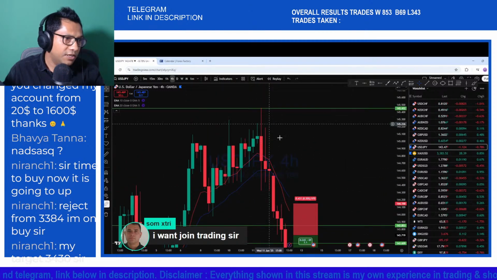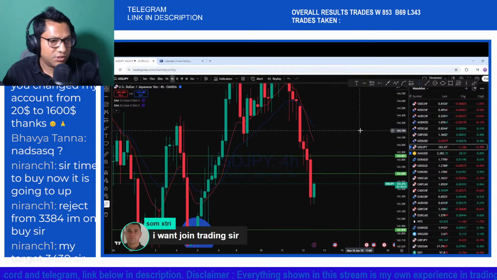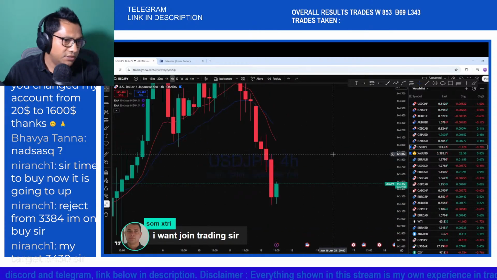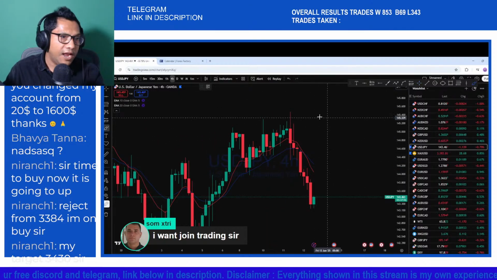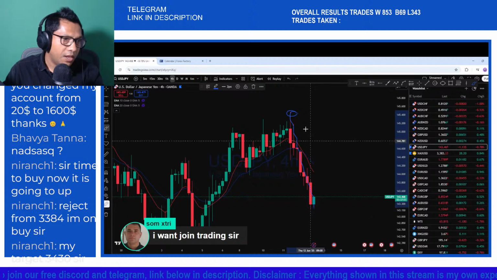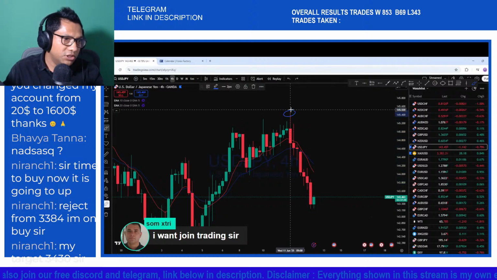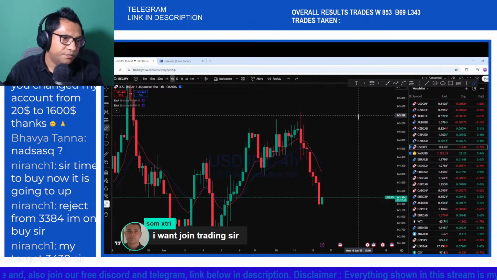So from here, let me delete the previous lines. If you look at dollar yen, you can see that from here it had a complete break below. This breakdown is very sharp from the top, and you see there is no green candle in the middle.